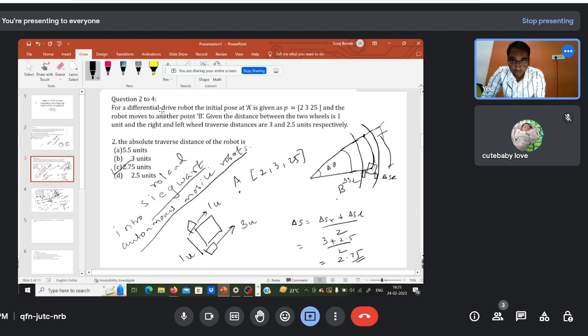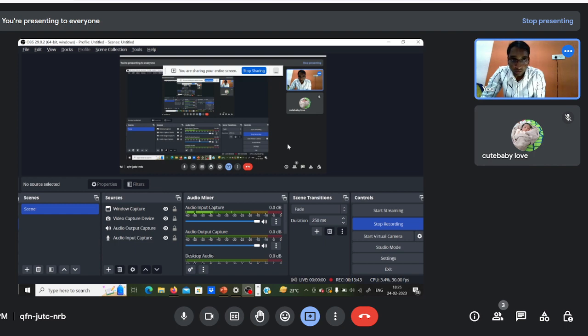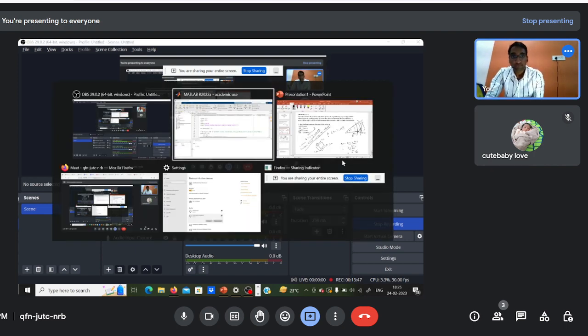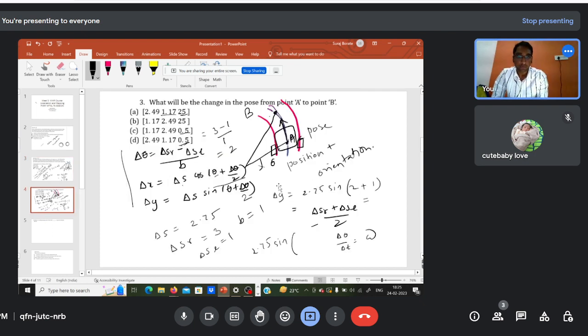Distance between the two wheels is 1 unit. Hello? Can anyone spot the mistake? Okay, apply this formula and do this.